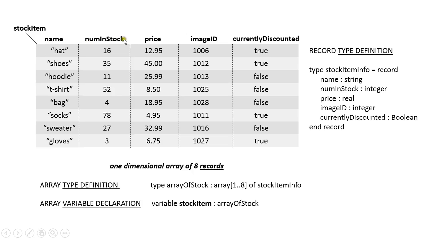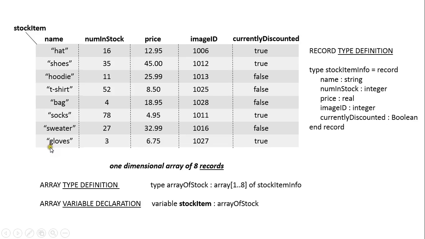And these words here that were the names of the arrays have now become what are called the field names. So I have in stock item, I have 1, 2, 3, 4, 5 fields in each record of data. And there are in fact 1, 2, 3, 4, 5, 6, 7, 8 records of data.